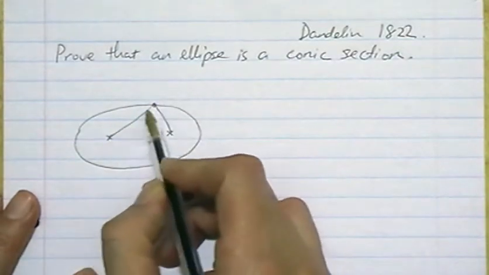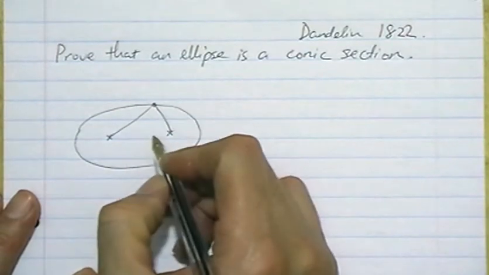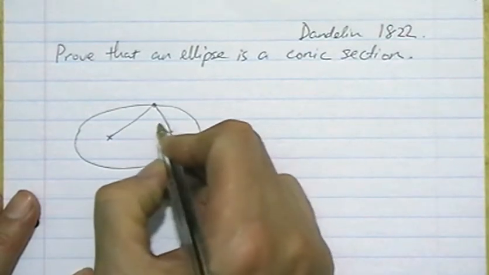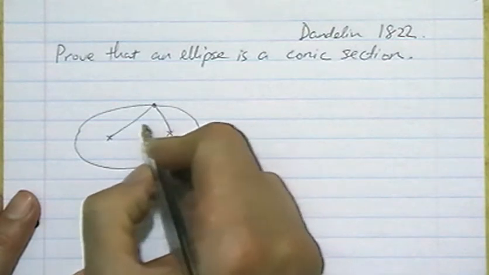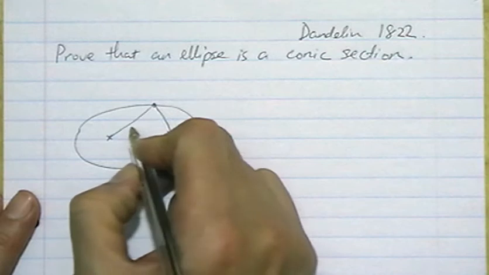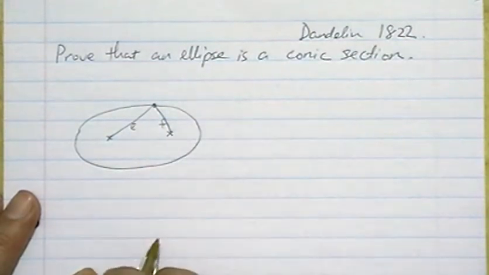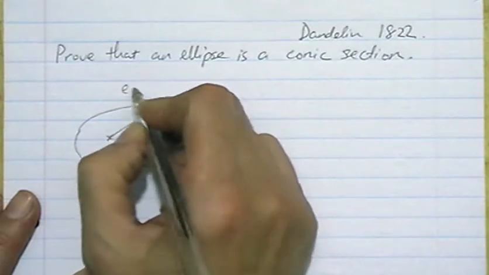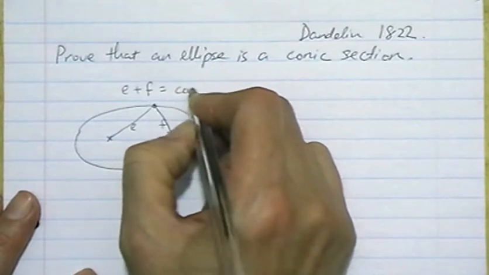Then the total length of those two lines, let me call them, say, E and F. So E plus F must be a constant.